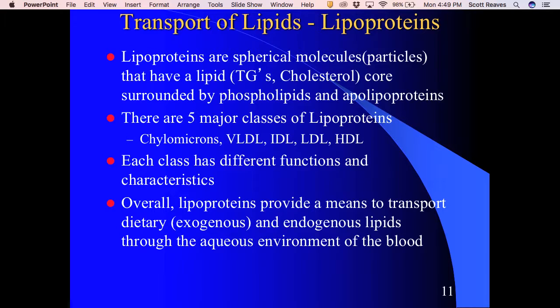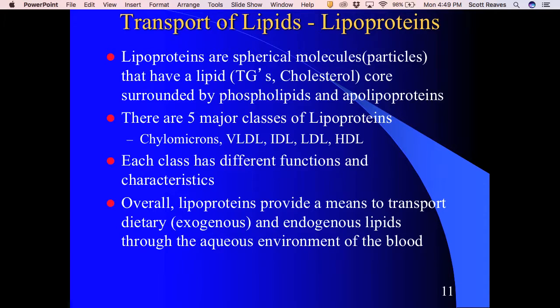So lipoproteins are spherical molecules, or sometimes you refer to them as particles. They have a lipid core, which are most commonly triglycerides and cholesterol ester, and they're surrounded by phospholipids and apolipoproteins. So hydrophobic core, hydrophilic exterior, so they can go around in the blood.